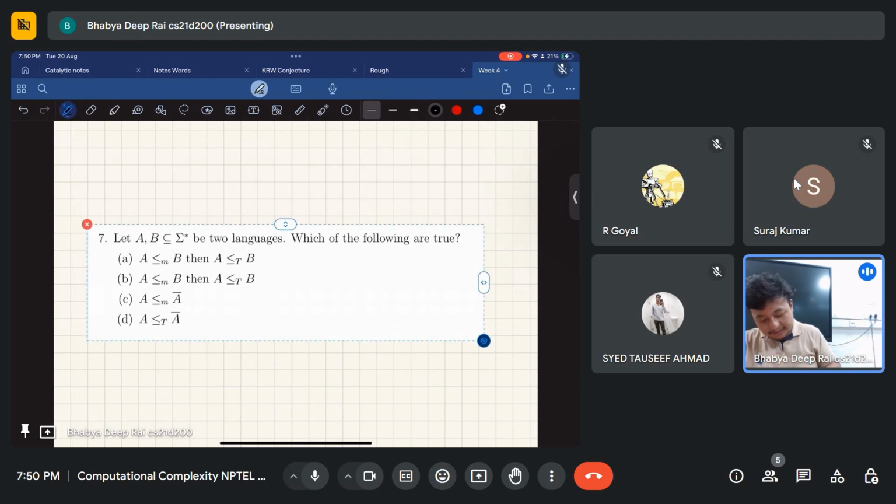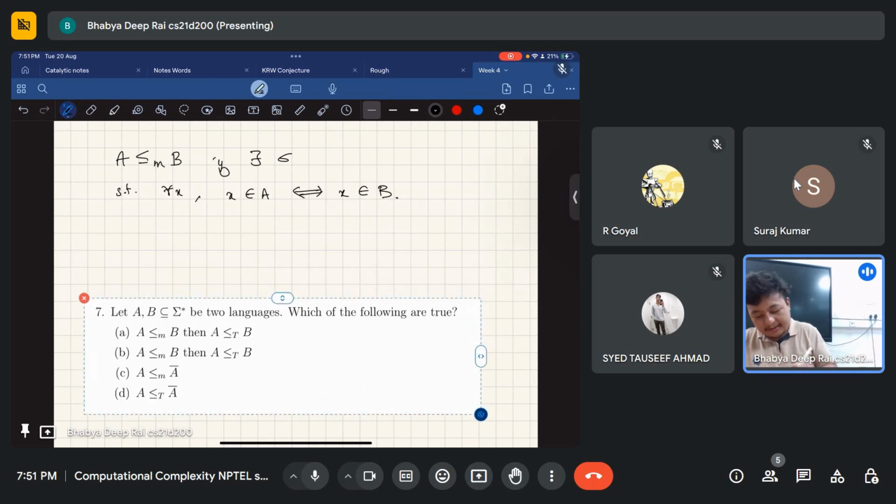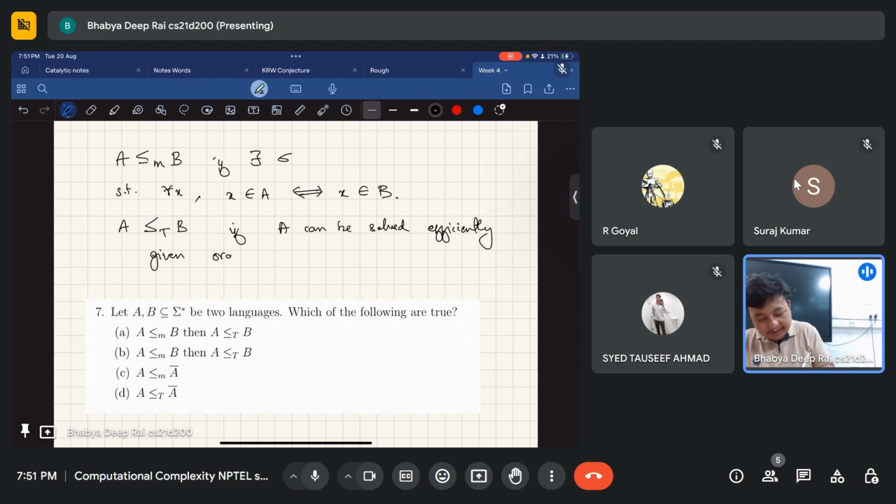If you want a reminder, I can quickly give one. A reduces to B if there exists a function sigma such that for all x, x is in A if and only if x is in B. And A Turing reduces to B if A can be solved efficiently given oracle access to B. I hope you know.